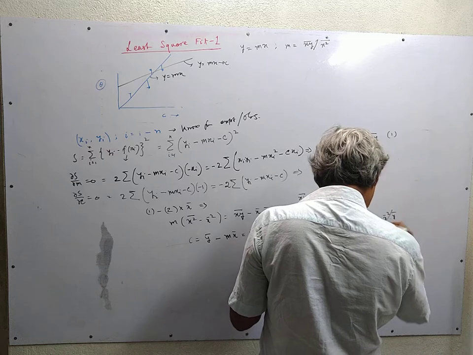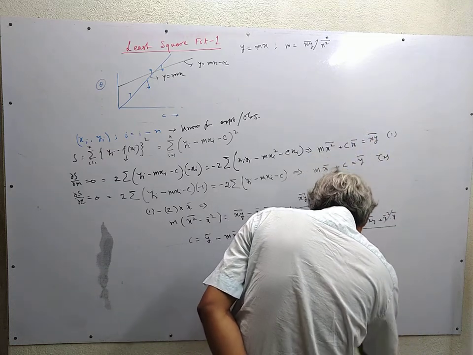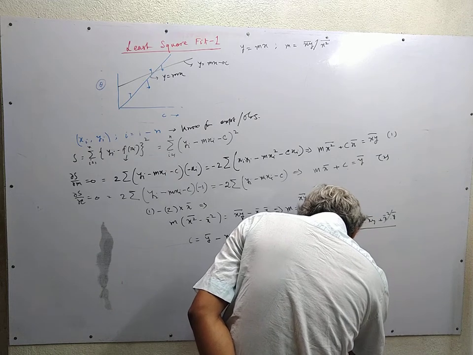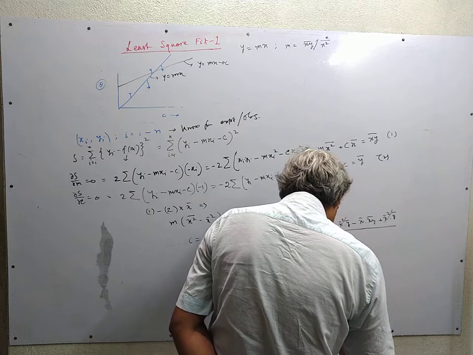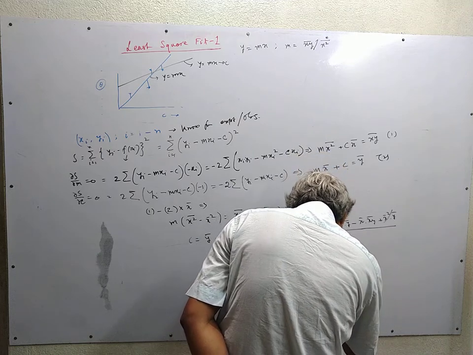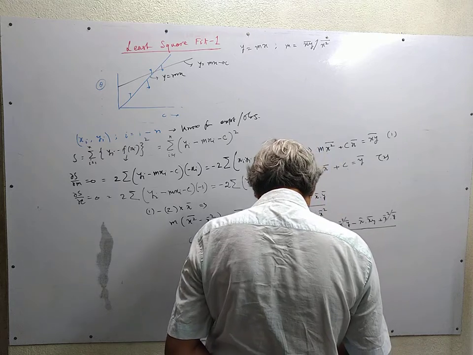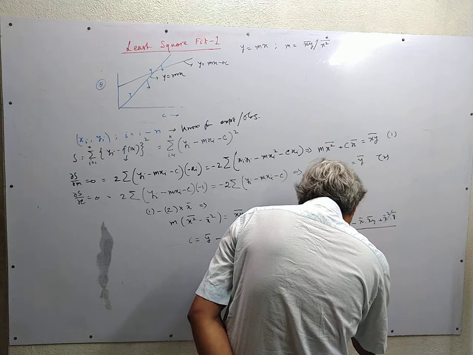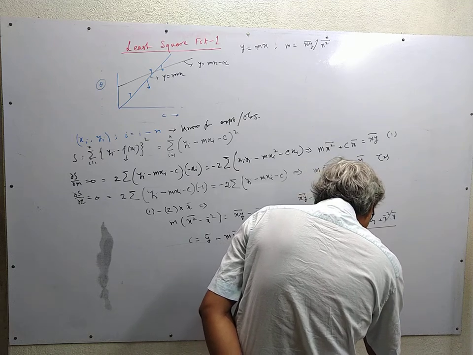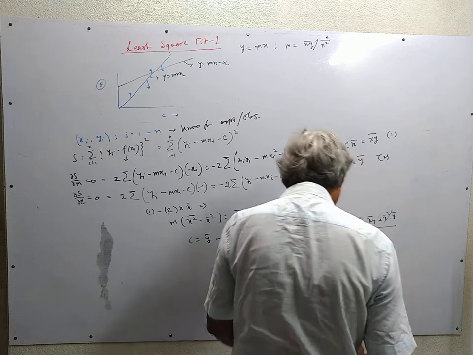These two terms go. So we have in the denominator x square average minus x average square. In the numerator we will have x square average times y average minus x average times xy average.